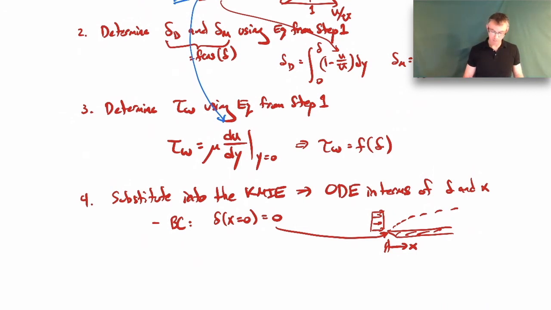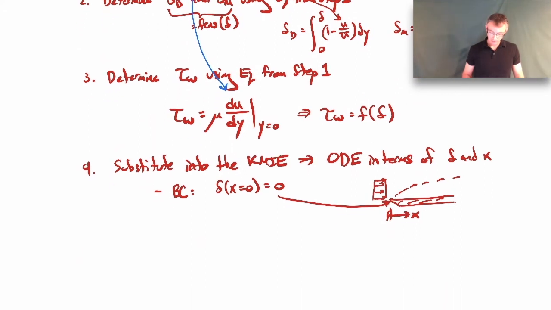But normally this is what we use. Boundary layer thickness is 0 right where the boundary layer starts. So then you can solve that ODE. So solve the ODE with the boundary condition to get the boundary layer thickness as a function of x.